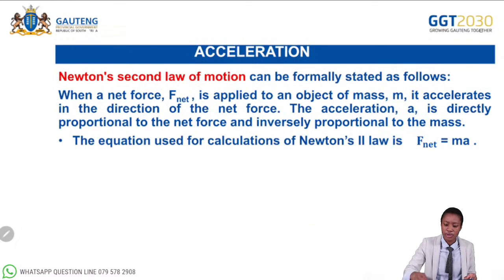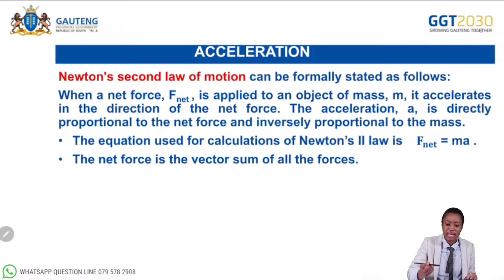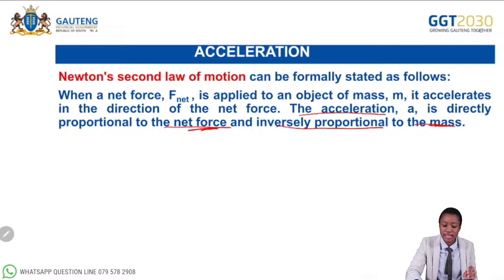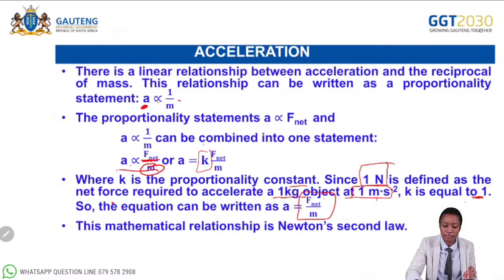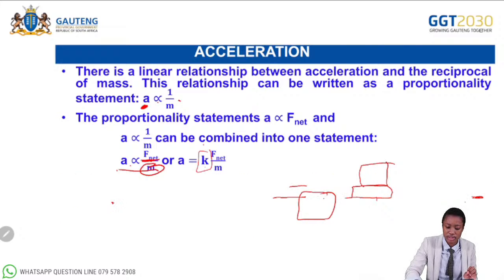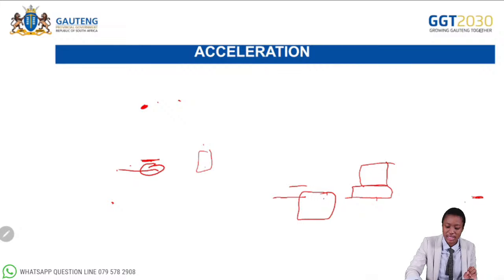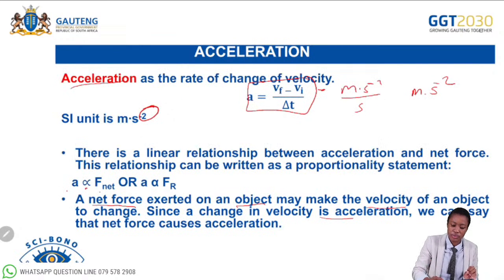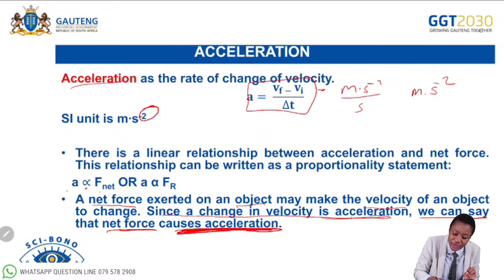So we say that acceleration, A, is directly proportional to the net force, and inversely proportional to the mass. Since a change in velocity is acceleration, we can say that net force causes acceleration.